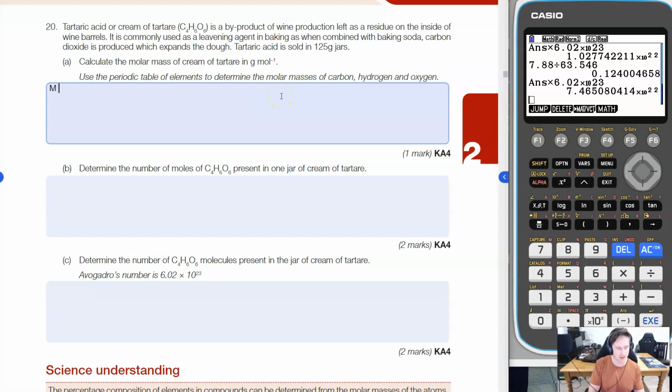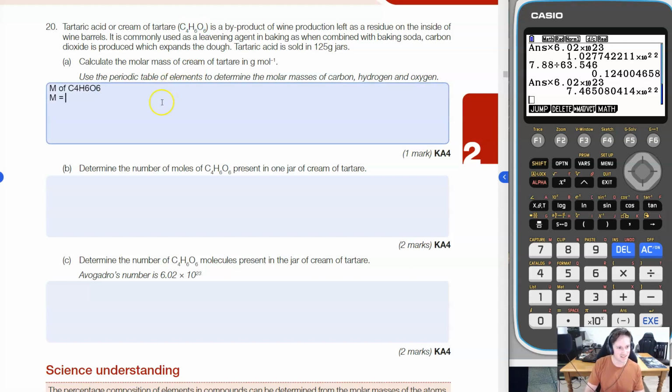So we're going to calculate the molecular mass of C4H6O6. Now it kind of triggers me a little bit that I can't make this subscript. What if I copy paste that if I can do that? No. All right, so you're just going to have to deal with it, okay?